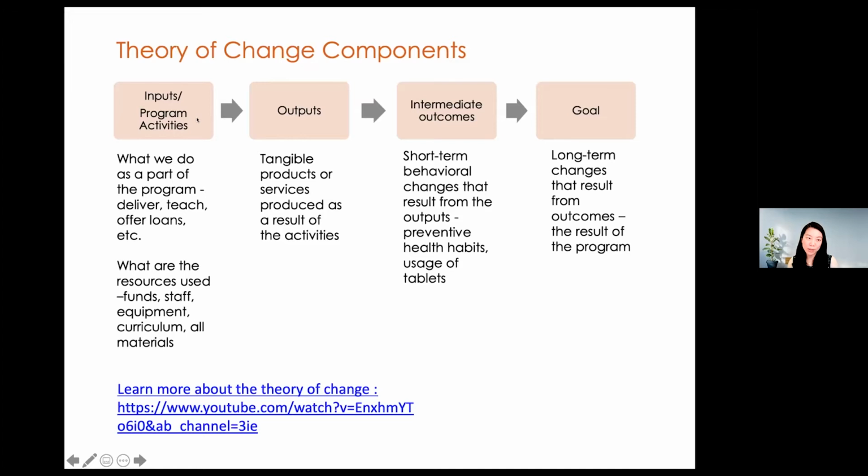And then once you put the input, you wanted to measure what's the result. And then you also wanted to capture the intermediate outcomes. And ultimately, you want to measure the goal, like the long-term change.